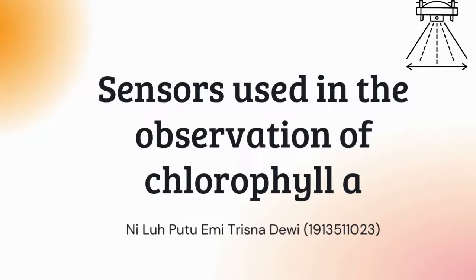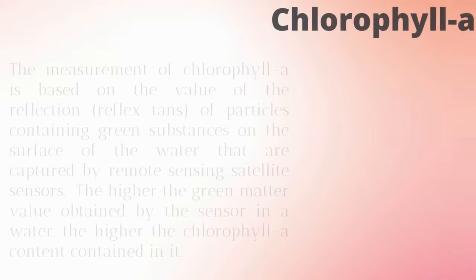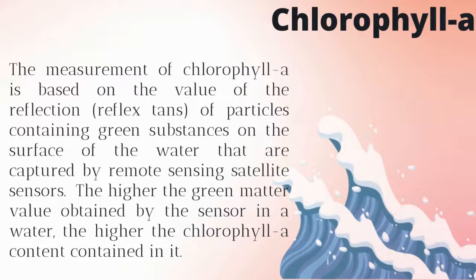Here I will continue to explain the material about remote sensing used in observing chlorophyll A in the oceans. Okay, next, we are going to explain chlorophyll A. The measurement of chlorophyll A is based on the value of the reflectance of particles containing green substance on the surface of the water that are captured by remote sensing satellite sensors.